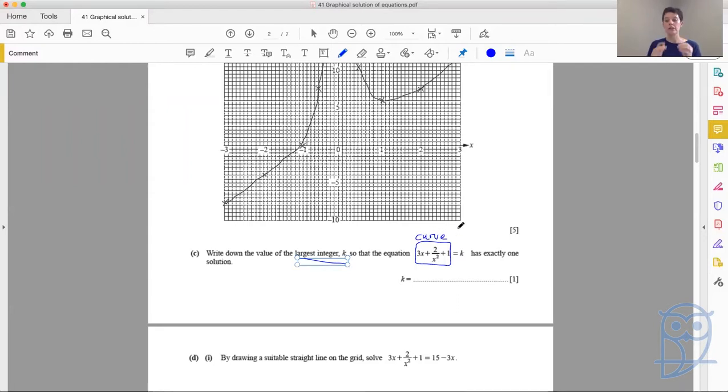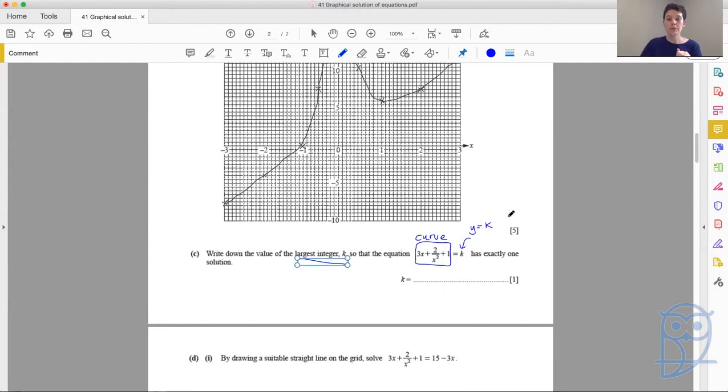This is the equation of the curve that we've drawn. So we want to say where it equals k. Now it's got to equal a single value, right? So remember, this side would be the line, so we would have y equals k. So y equals 2, y equals minus 5. Those are all horizontal lines.